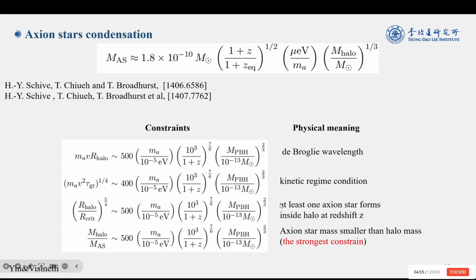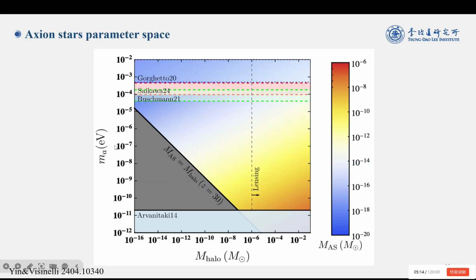The third constraint is that at least one axion star needs to form inside the halo at a certain redshift z. And the last, also the strongest constraint, is that the axion star mass is smaller than the halo mass.